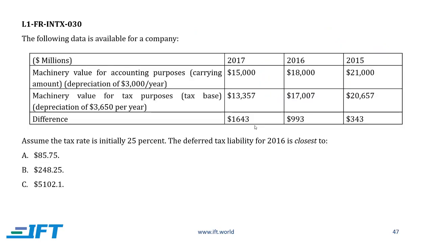Let's do question number 30. Okay, so the following data is available for a company. Now assume the tax rate is initially how much? And the deferred tax liability for 2016 we need to find out. So deferred tax liability equals carrying amount minus tax base multiplied by tax rate.